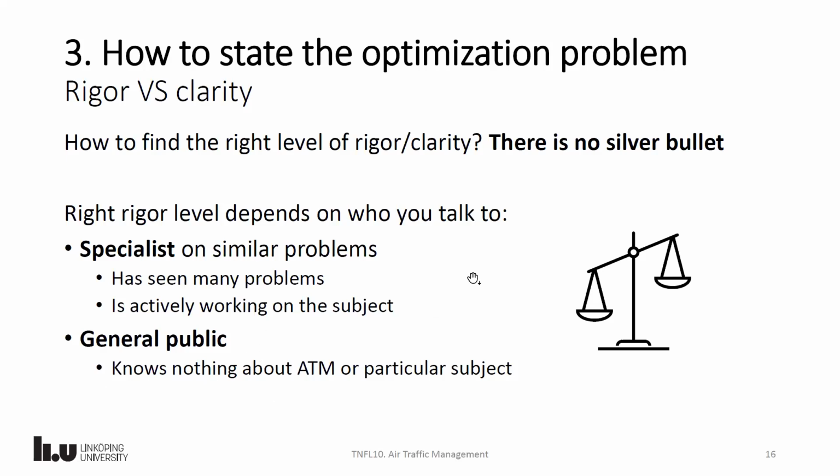And because we are in an academic environment, we are having a class on ATM and we're having a class on optimization, I want you to lean more towards this side of things, because we are not the general public anymore.